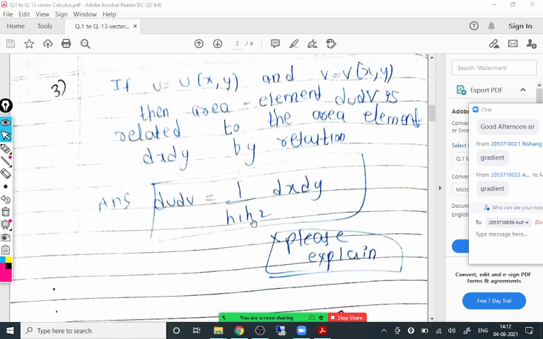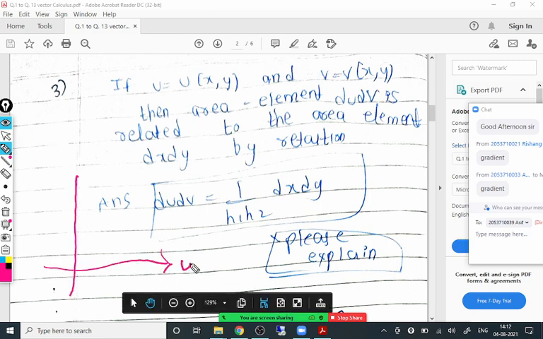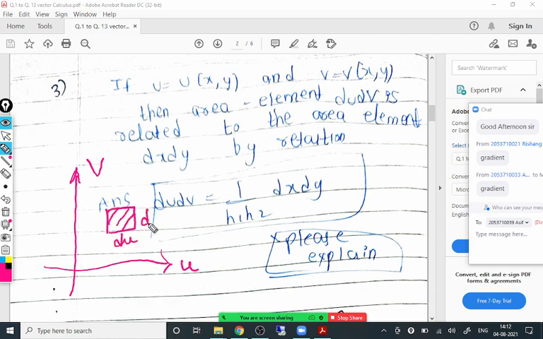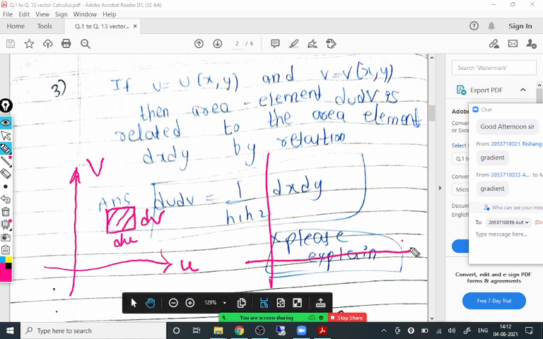Sahitya, why is it H1 H2? This is what we learned last semester. Suppose we have a small area du dv in the uv plane, and there is another plane, the xy plane.